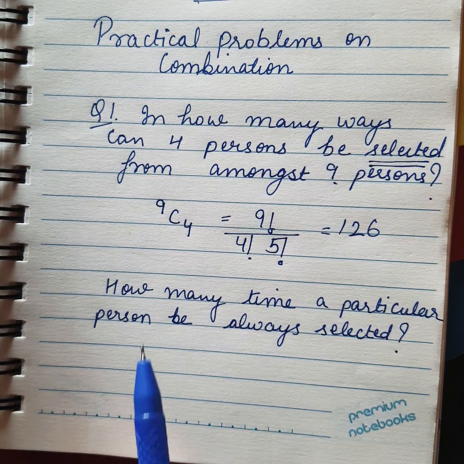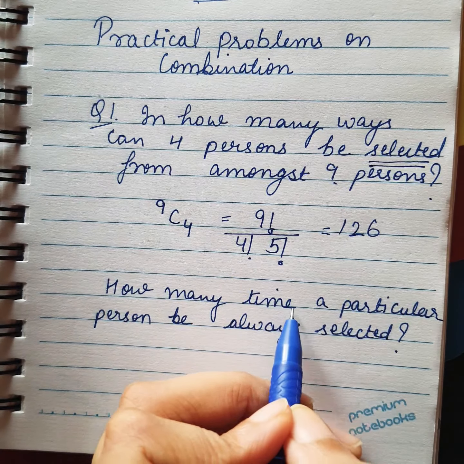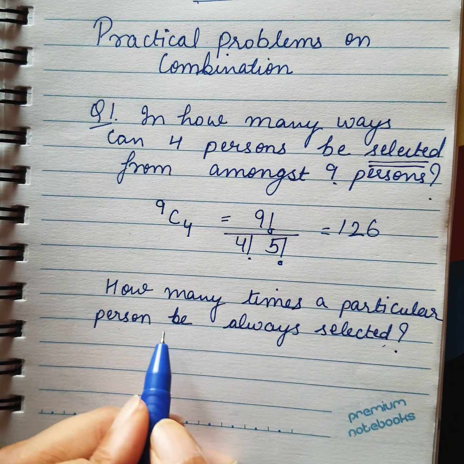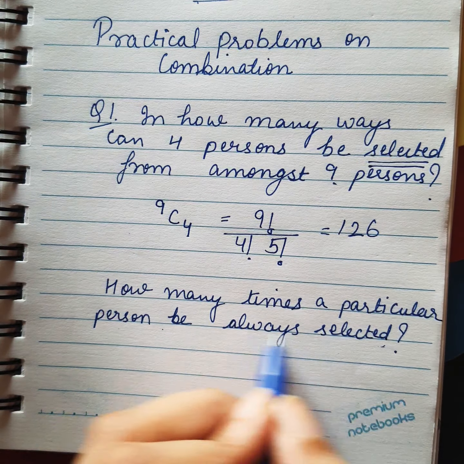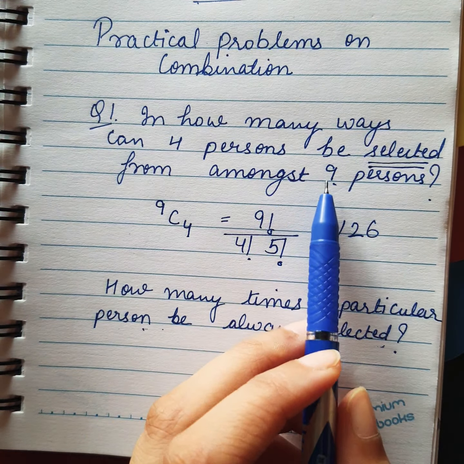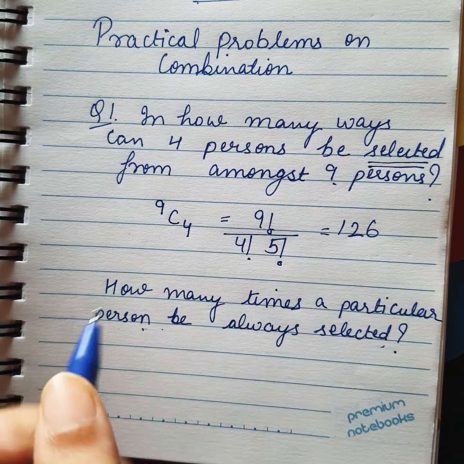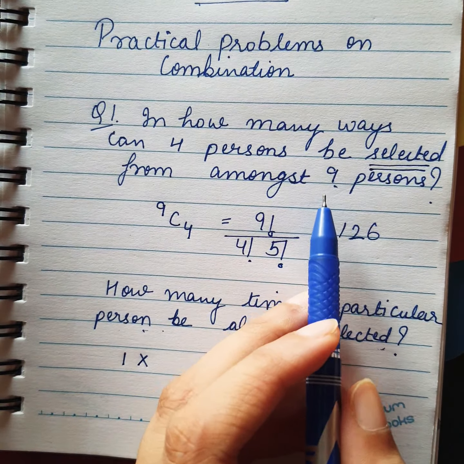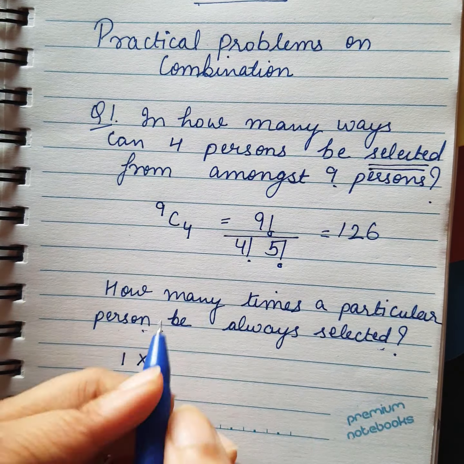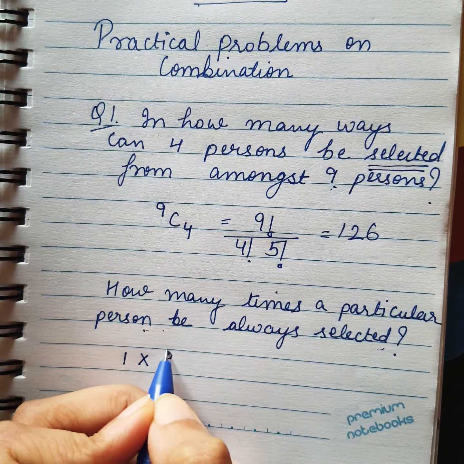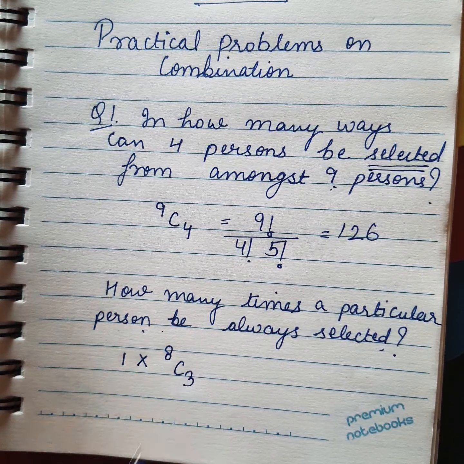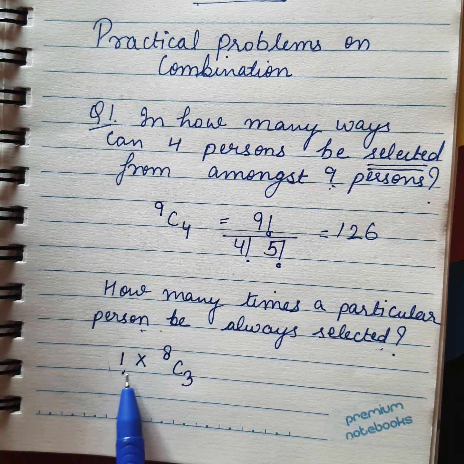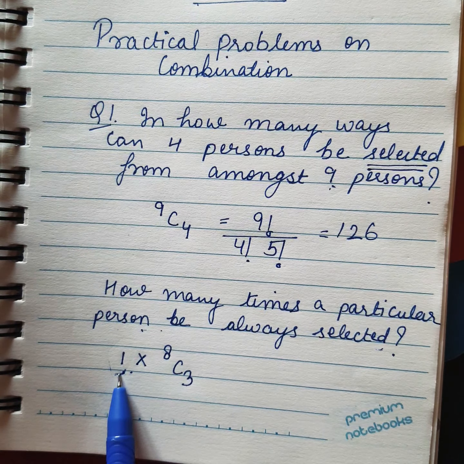The same question continued: in how many ways can a particular person always be selected? That means one person is always selected out of 9. So 1 into, for the remaining 3 persons, 8C3, because 1 is already selected for sure, so there is only one way for that selection.